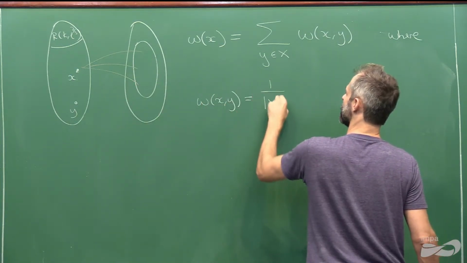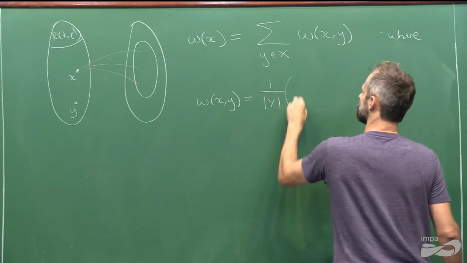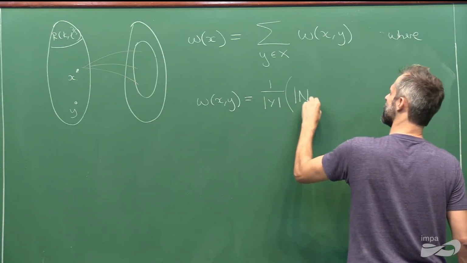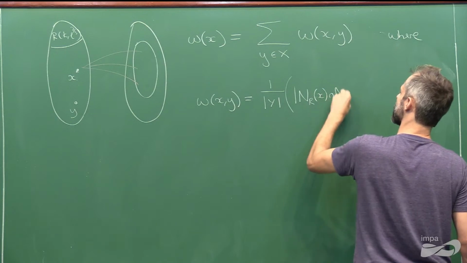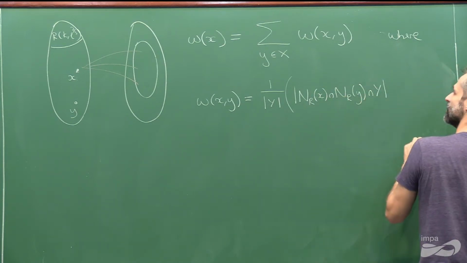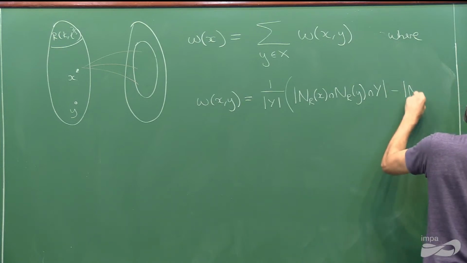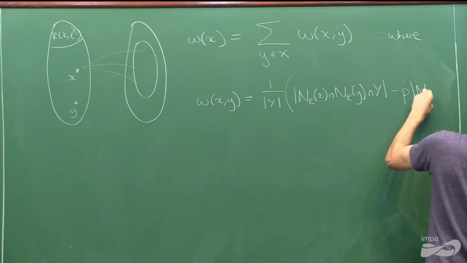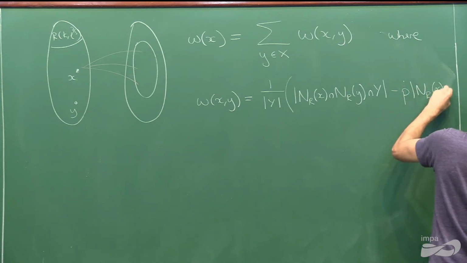So 1 over the size of Y, times the size of the red neighborhood of x intersect the red neighborhood of y intersect Y, minus p times the red neighborhood of x intersect Y.